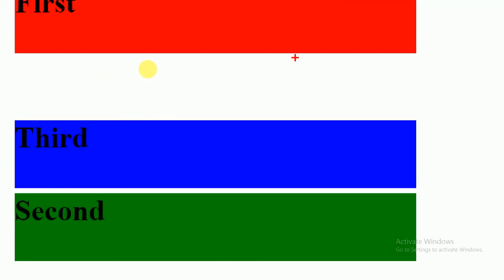The major difference is that the space of our second div section is not occupied by the third div section. So this is the problem of relative. But if we give position absolute, then this space is occupied by the third div section, friends.